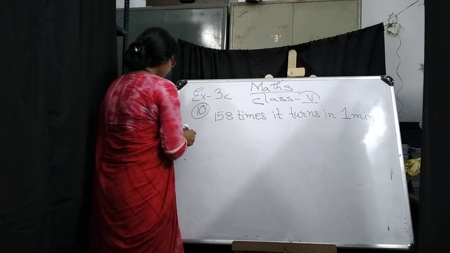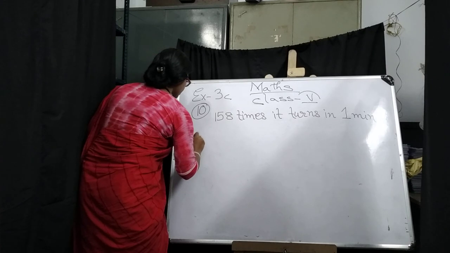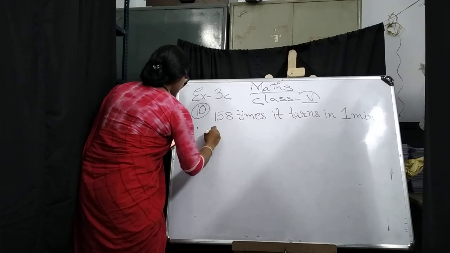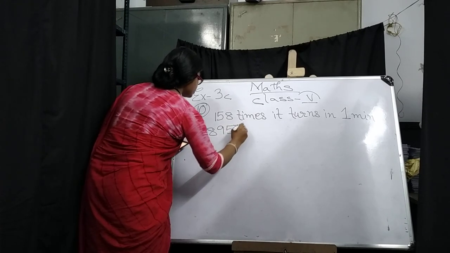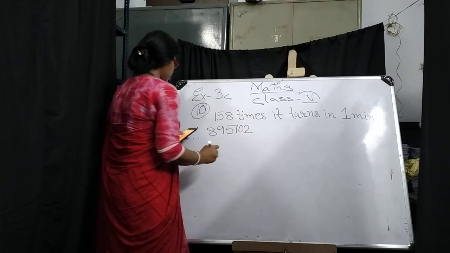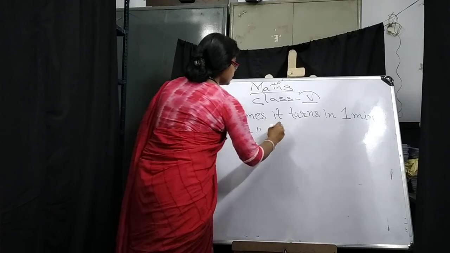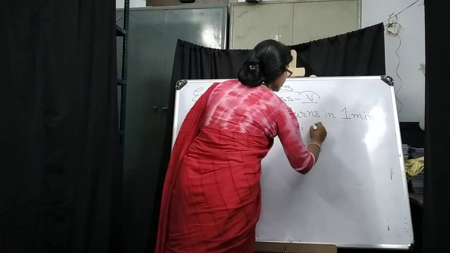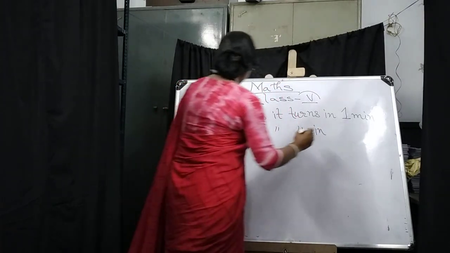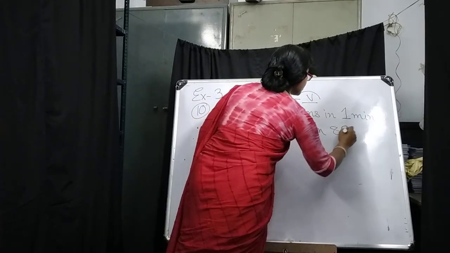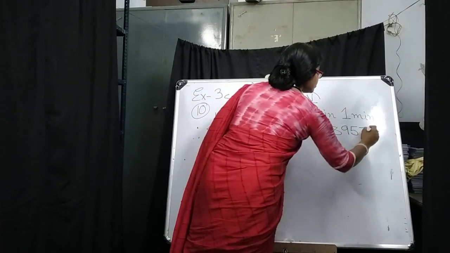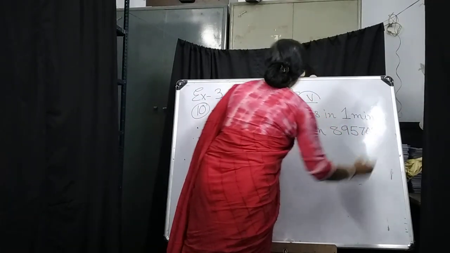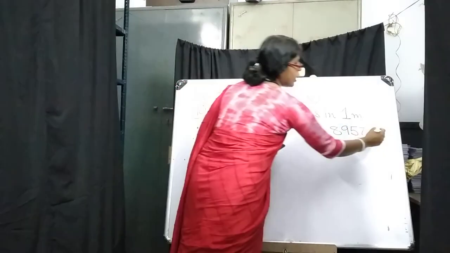Therefore, 8,95,702 times it turns in 895702 divided by 158.